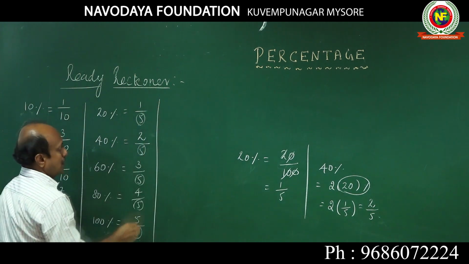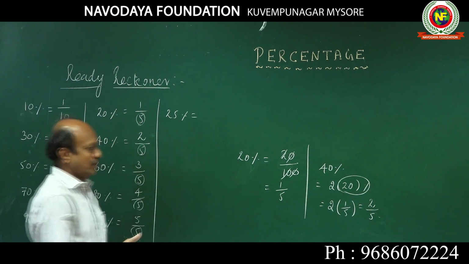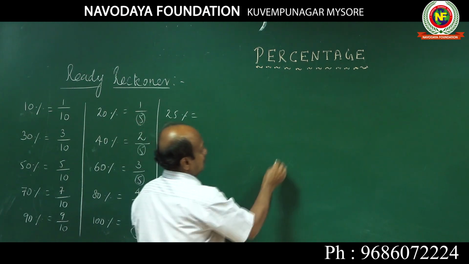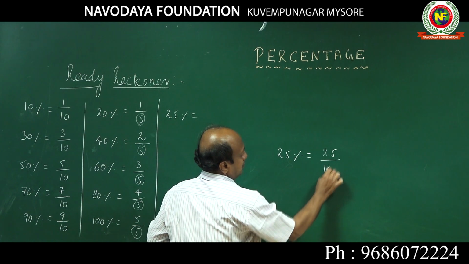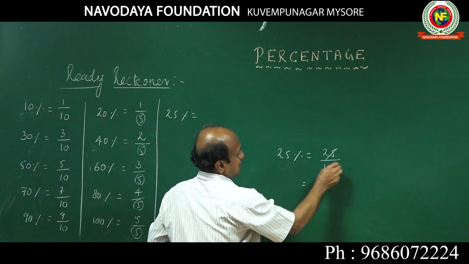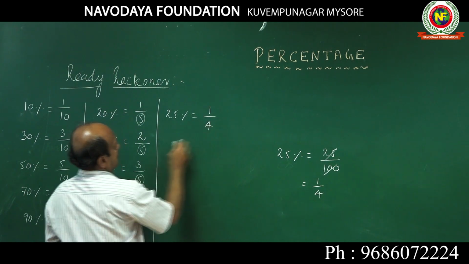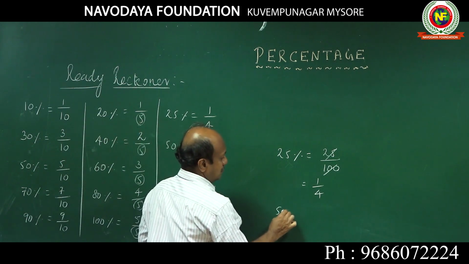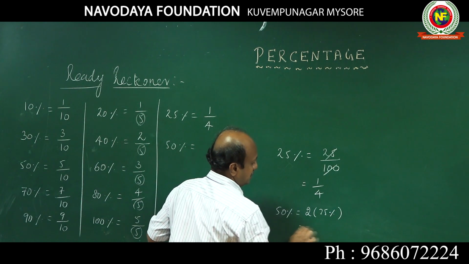Similarly, 25%. Most of you are familiar with 25%, which is equivalent to 1/4. 25% is equal to 25 by 100. It is nothing but 1 out of 4. 50% is equivalent to twice of 25 percentage, that is equal to twice of 1 by 4.